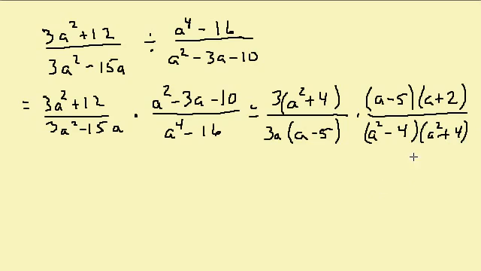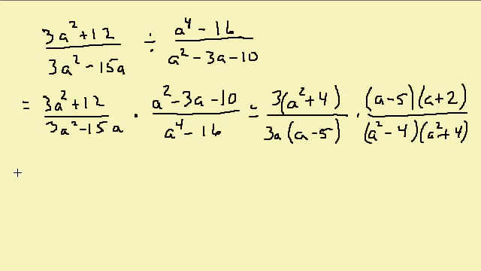Now we're not finished factoring because the a squared minus 4 will factor. Now this a squared plus 4 will not factor because it's the sum of two squares, and the sum of two squares is prime. It won't factor. I have some videos on factoring that you can watch if you're not familiar with factoring.